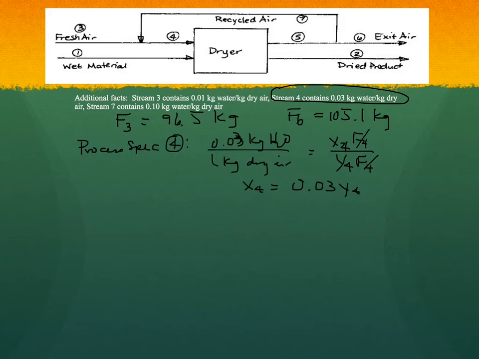I also know the sum of the x's equals 1 for stream 4, and so x4 plus y4 can now be written as 0.03 y4 plus y4. That's going to equal 1, so y4 is 1 over 1.03, and x4 is going to be 0.03 over 1.03.